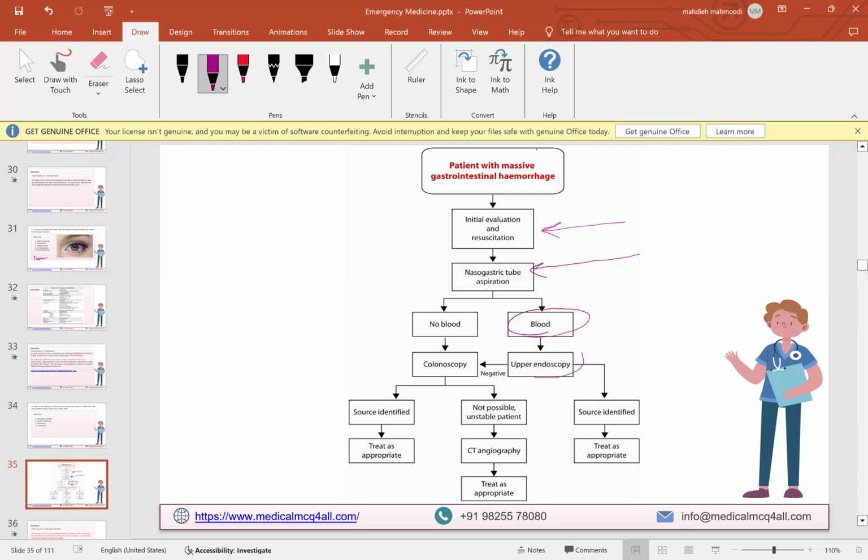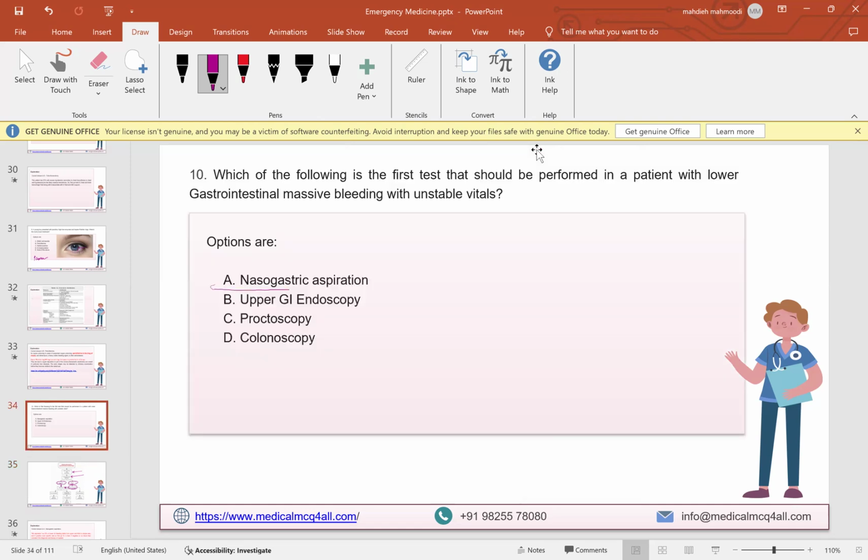So you go for upper endoscopy. If you didn't find anything in the upper endoscopy, you go for colonoscopy. But if from the beginning you didn't find any blood in the nasogastric tube, you go for colonoscopy. Got it? Yes? Yes, ma'am. Very good. So your answer would, of course, be nasogastric aspiration.